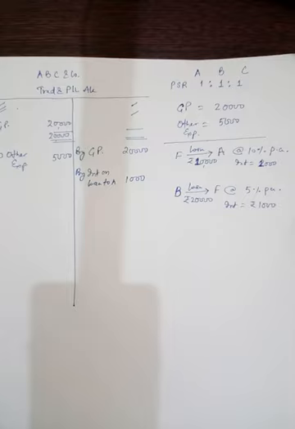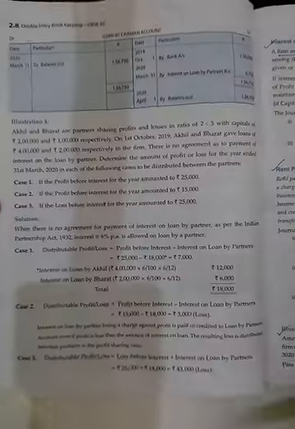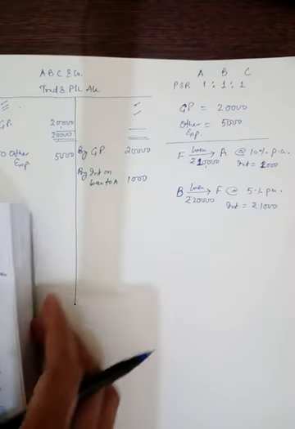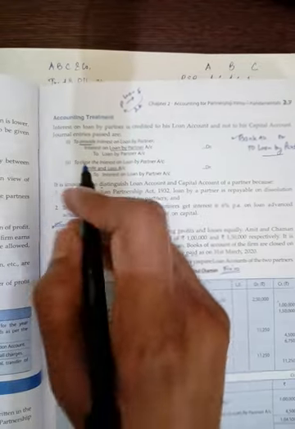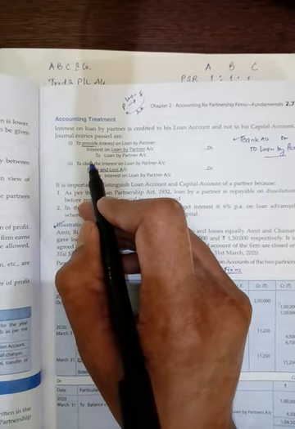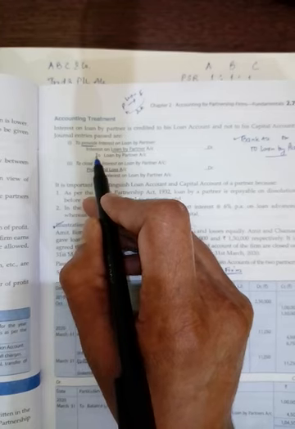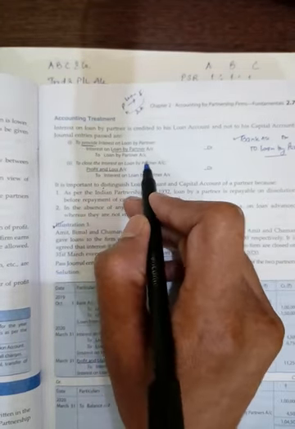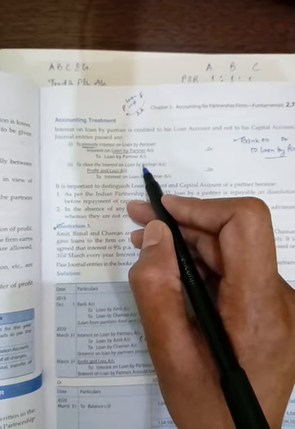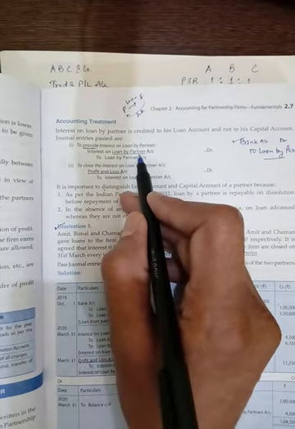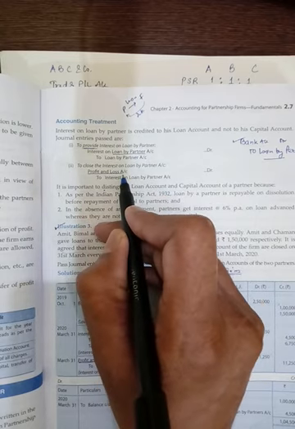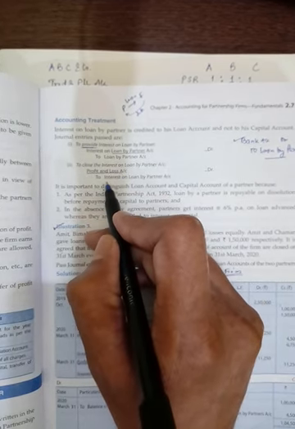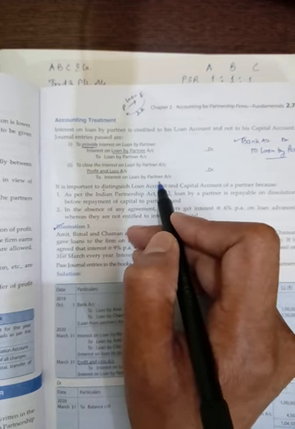Now remember the journal entry for this loan. When a partner gives a loan to the firm, the journal entries that you have learned are: interest on loan by partner account debit to loan by partner account, and this interest on loan is transferred to profit and loss account, debit to interest on loan by partner.